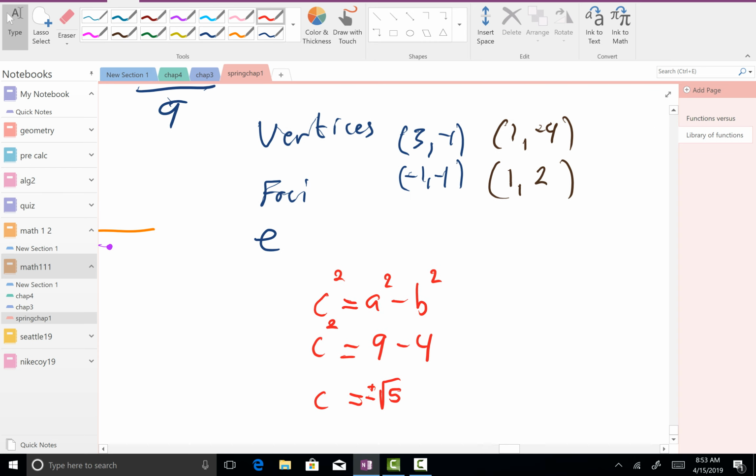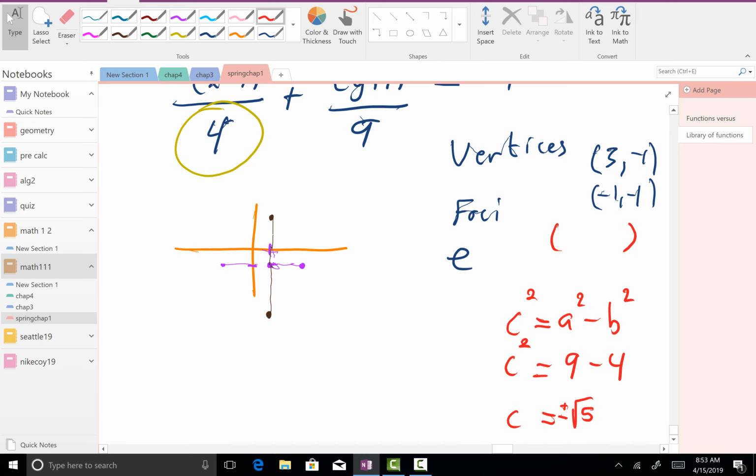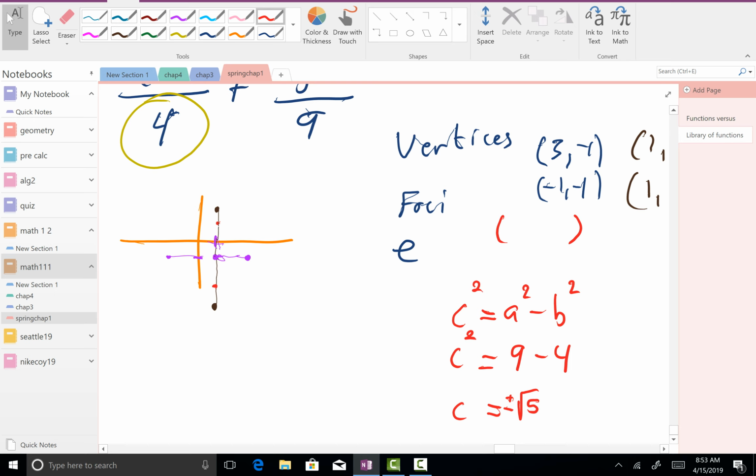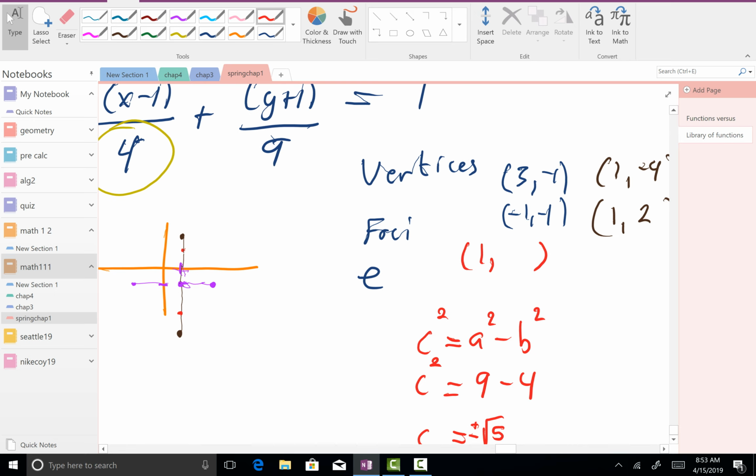All right, so let's write our foci points now. So we got to think about where they are. Which axis are they going to be on, or which way are they going to be? They're on the y, so they're vertical, so they're someplace in here. We know the x-coordinate is 1. We're going to take -1 because that's the y. And then all you have to do is just add or subtract the square root of 5.